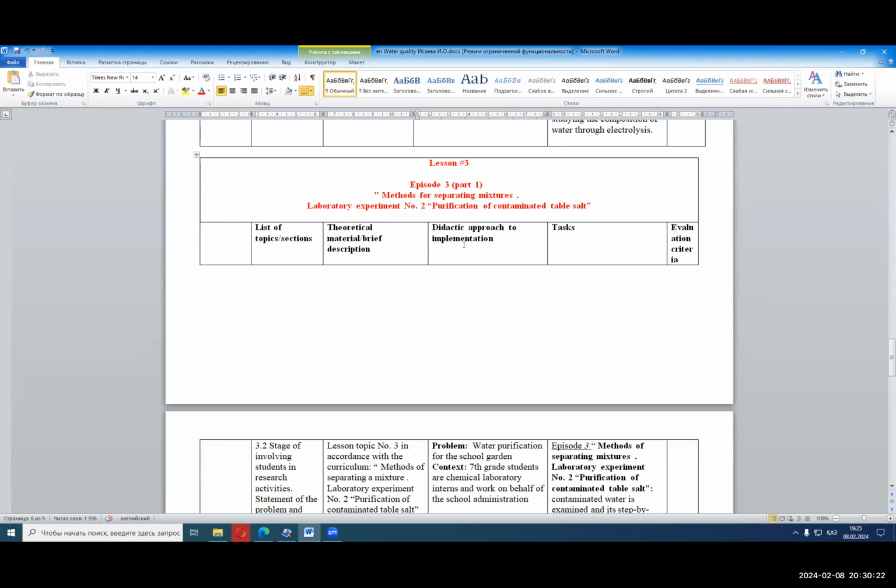So if it's only once a week, it's 34 hours. Okay, so we will adapt it. It depends on how we plan to do it. If it is not an additional course, if it is included in our curriculum, we will try to do it, but it will be less.